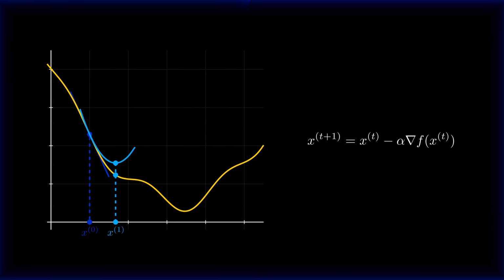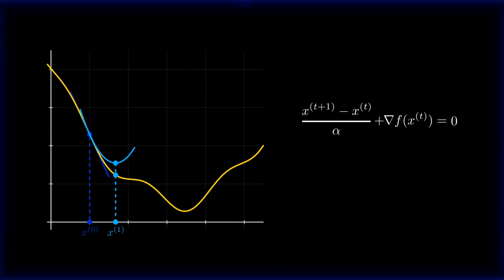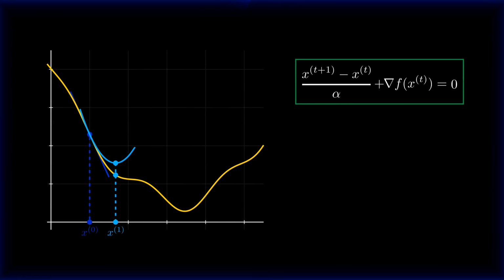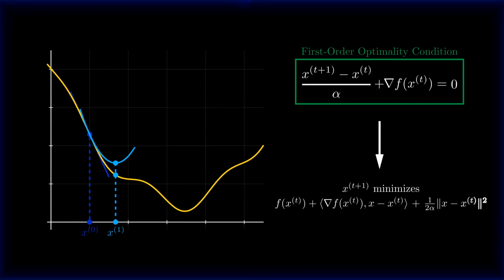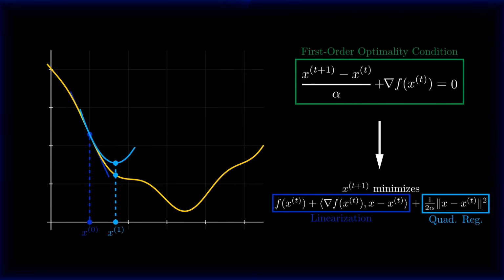If we bring everything from the update step on the same side, we get this formula that equates to 0, which then can be interpreted as the first order optimality condition of the given quadratic approximation, which consists of a linearization around x0 plus some quadratic regularization term with curvature 1/2 times the step size. And that means that we can actually interpret each step of gradient descent as the minimization of a quadratic approximation to our objective function, such that running gradient descent is equivalent to sequential quadratic minimization.